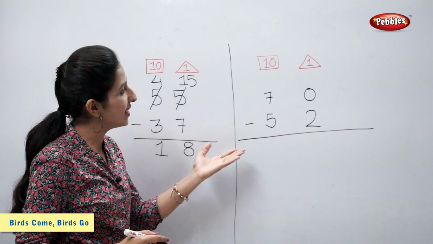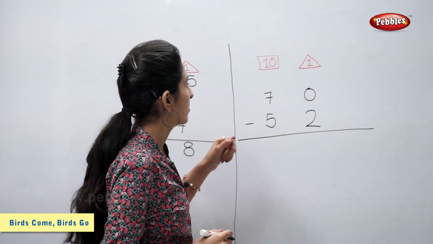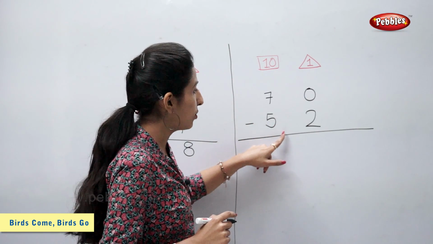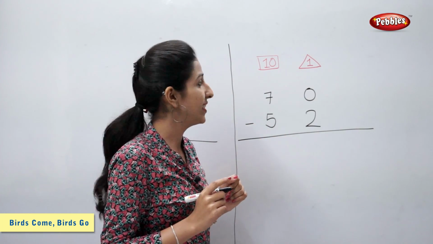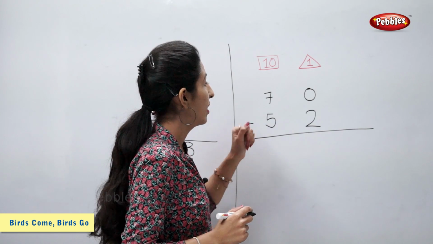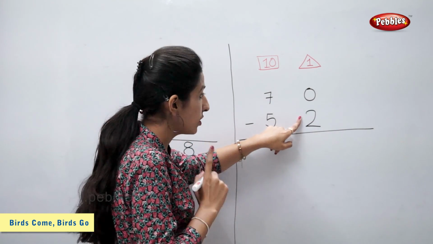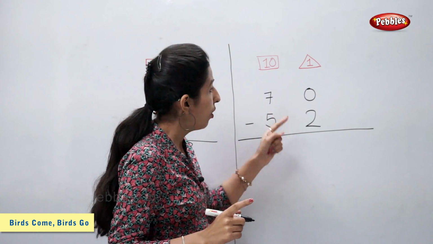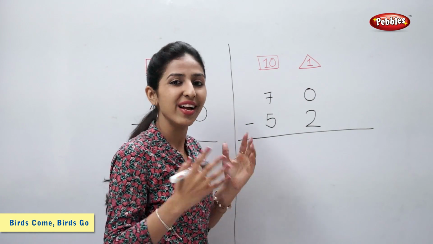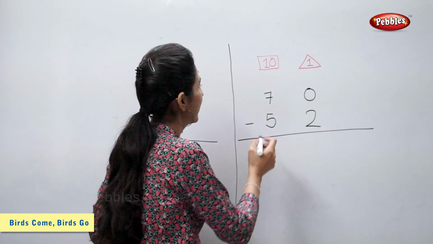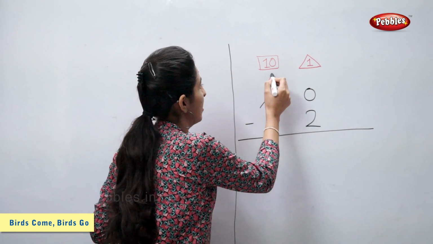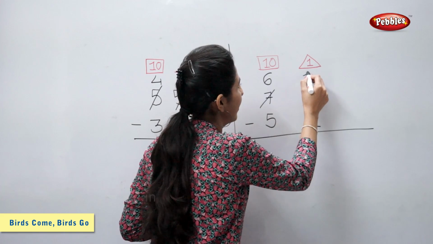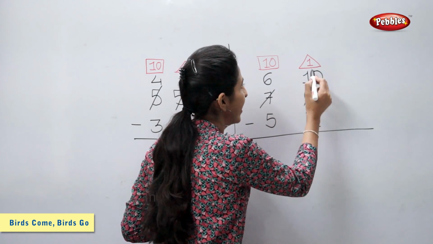Let's solve this example. 70 minus 52. Let us subtract ones first. 0 minus 2. Students, we cannot subtract 2 from 0. So, let's borrow. 7 becomes 6. 0 becomes 10.